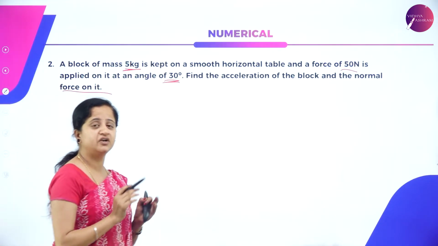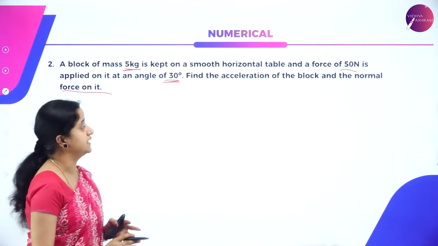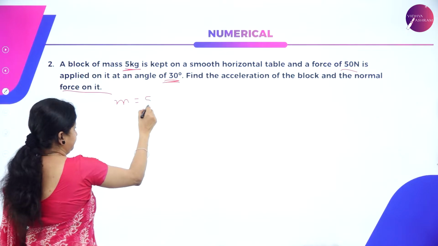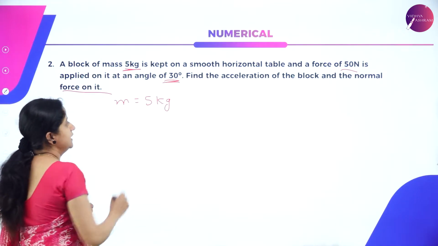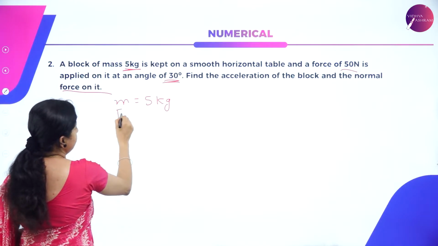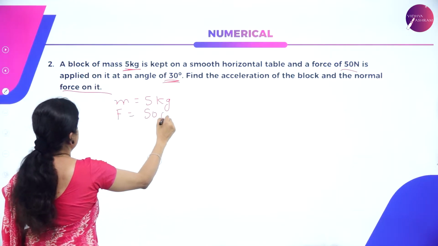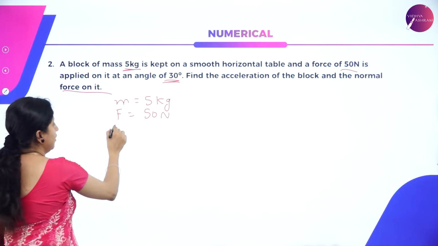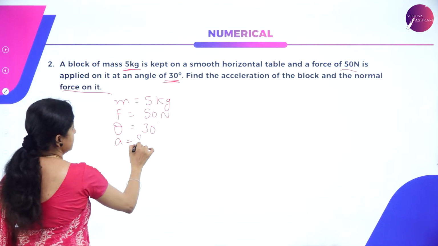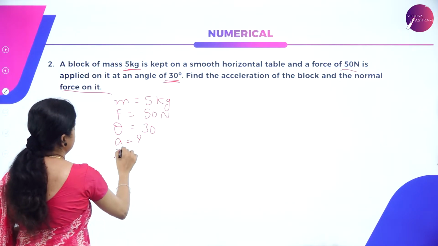We have to find out the normal force and the acceleration. Here it is given that the block of mass 5 kg is kept on a smooth horizontal table and a force of 50 Newton is applied on it at an angle of 30 degree.